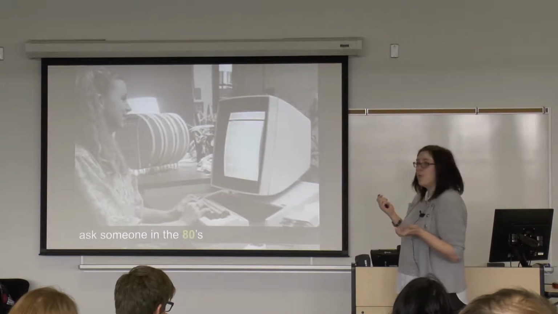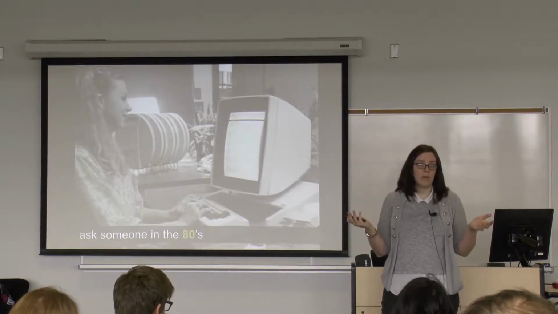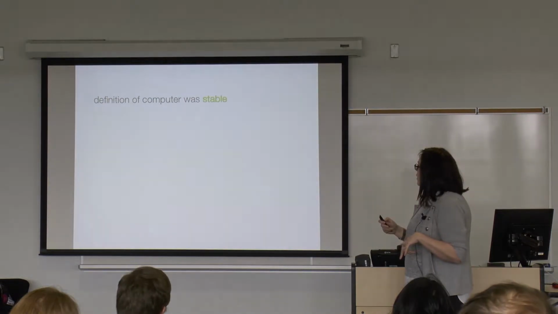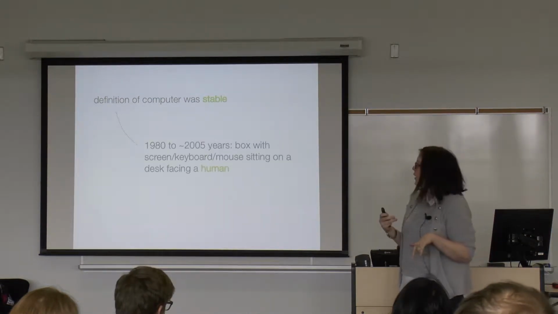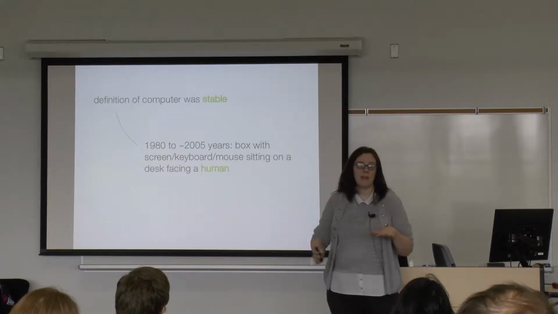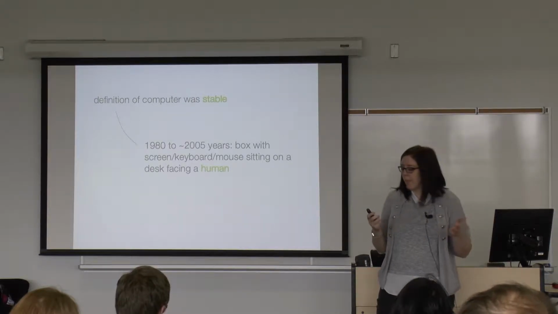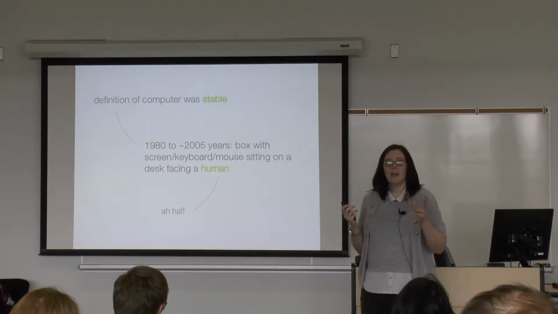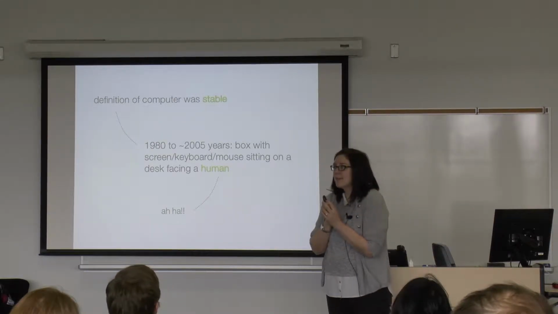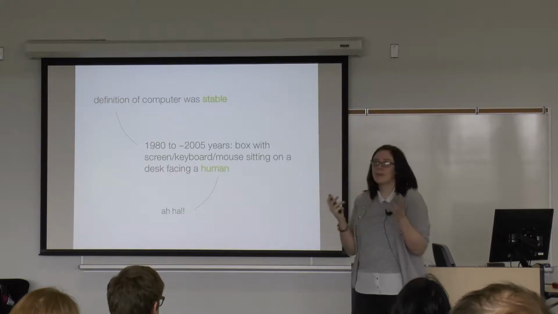And actually, this form of computer was there long before what we have today, and it was quite stable. If you think about it, it's essentially a box with a screen, keyboard, and mouse sitting on a desk with a human facing it. And this is where people said, aha, there is a human in front. So if we want to design good computers, we essentially need to understand humans first.